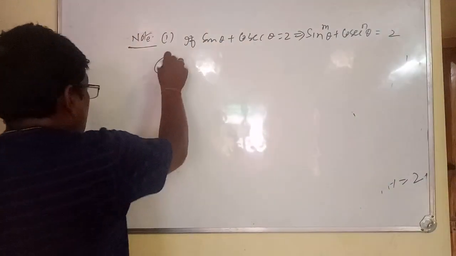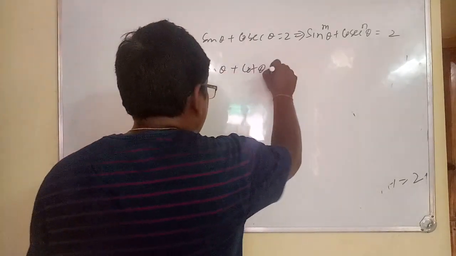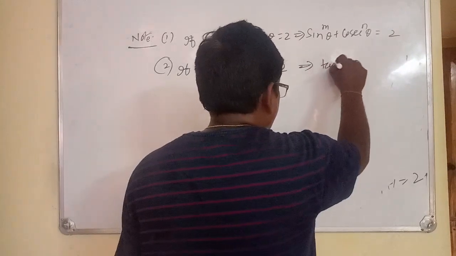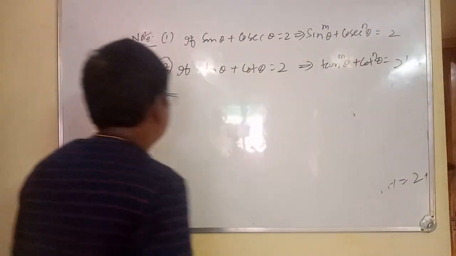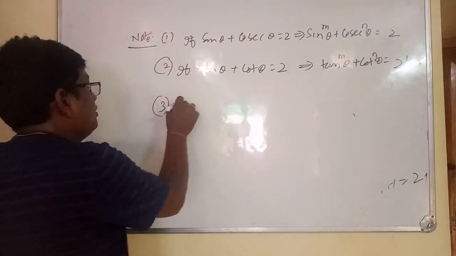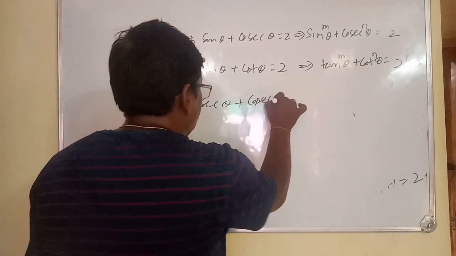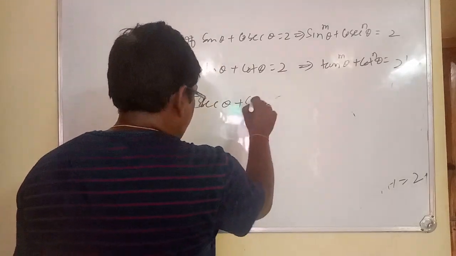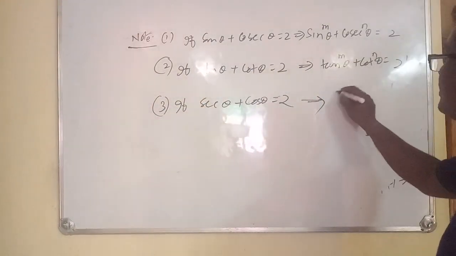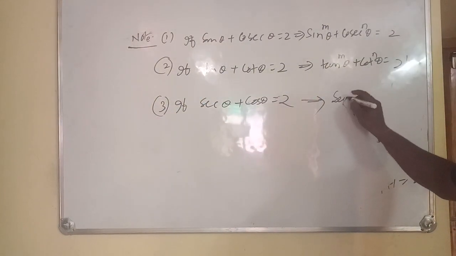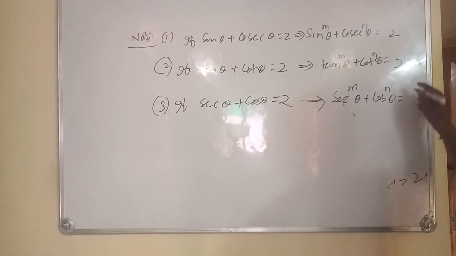Number 2, if tan theta plus cot theta is equal to 2, it implies tan m theta plus cot n theta is equal to 2. Same process. And number 3, if sec theta plus cos theta is equal to 2, it implies sec m theta plus cos n theta is 2.